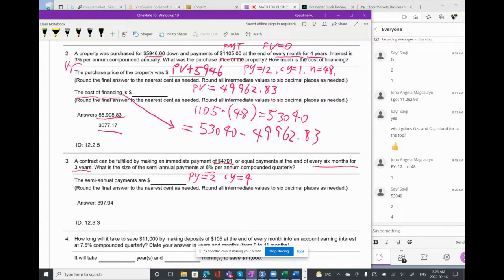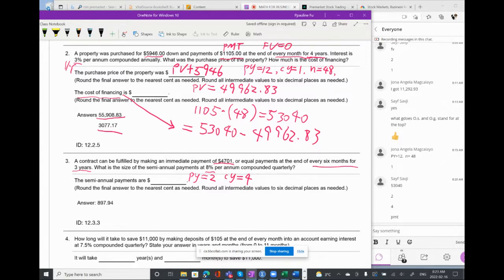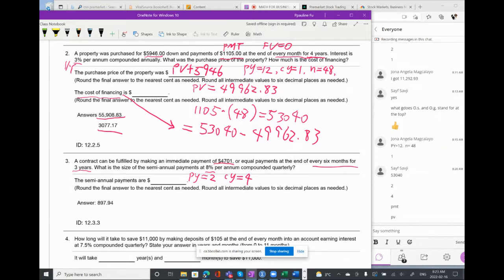And then the immediate pay, 4,701. What is this number? What is $4,701? Try it again, Safi. It is not PMT. Try to think it again.